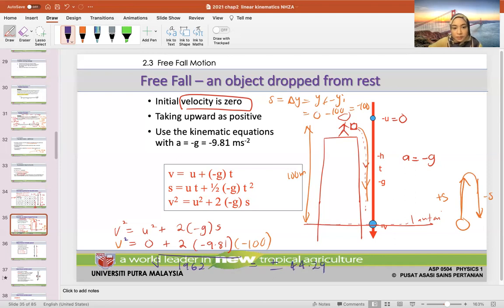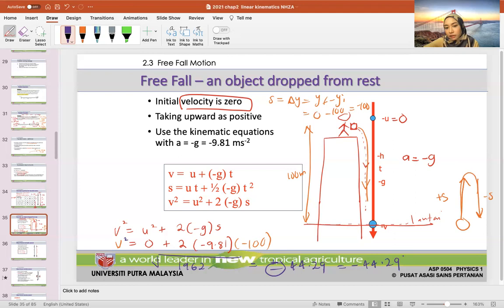And because we are very smart people, we know that the velocity is going down. Therefore, we choose the negative sign. So your final answer should be minus 44.29. If you give a positive answer, it is incorrect.